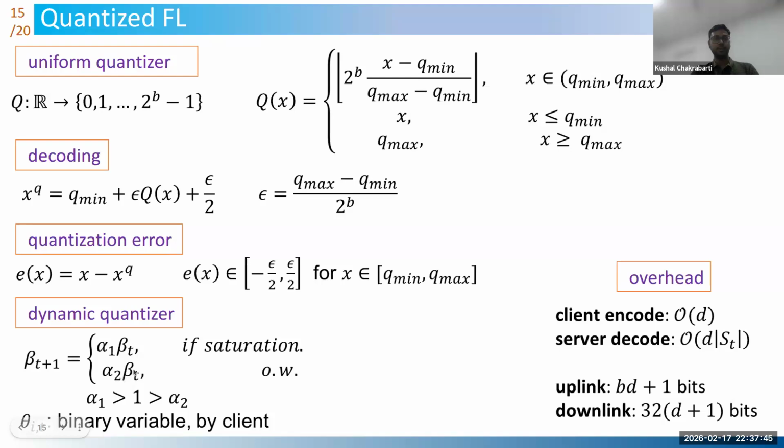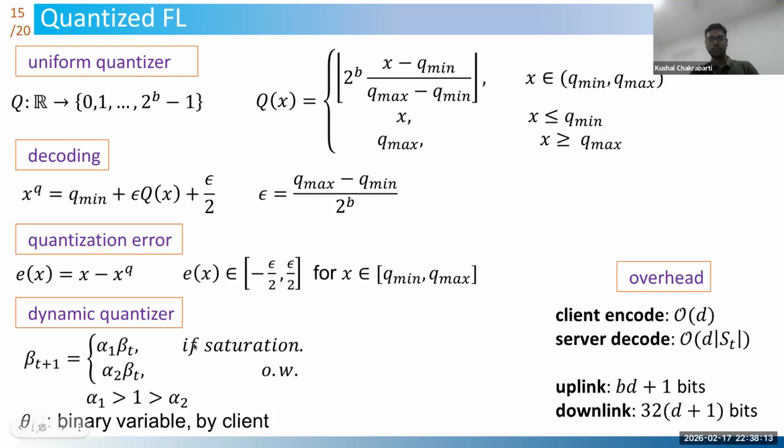That means whatever interval there was from minus beta to plus beta, at the next time there is going to be a shorter interval. And if saturation has happened, that means the existing quantization range is not enough, so I need to increase the range. It increases the current beta t by some positive factor alpha 1. So that is the idea of dynamic quantization.